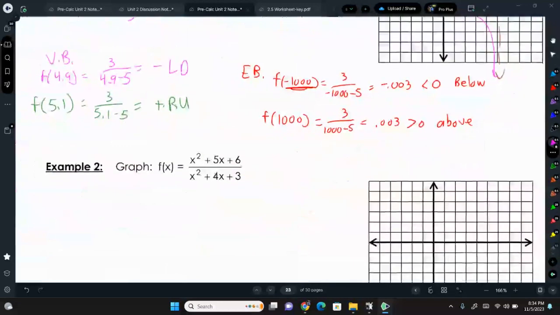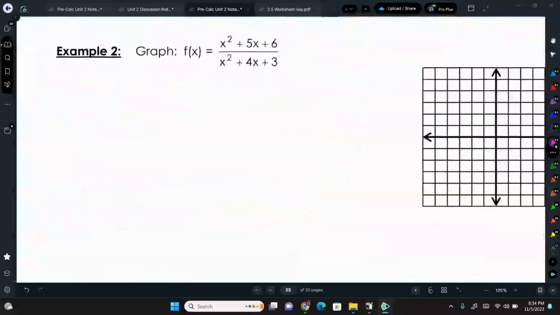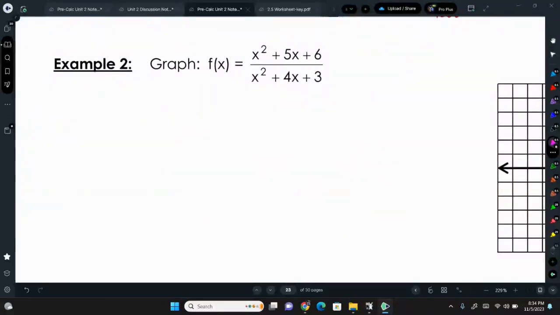All right, so example number 2, we are going to factor this. When we factor the numerator, we get x plus 3 times x plus 2. And in the denominator, we get x plus 3 times x plus 1. So we see that we have these two x plus 3's in common.